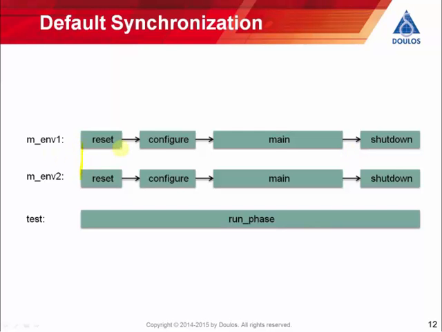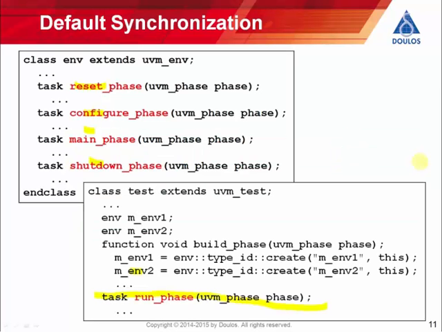So the reset phases start and end together, configure starts and ends together, main and shutdown all start and end together. And they're also synchronized with the run phase task. So flipping back a slide now, we can see that in the 2 instances of our env, env1 and env2, both the reset phases start together and they start at the same time as the run phase in the test.